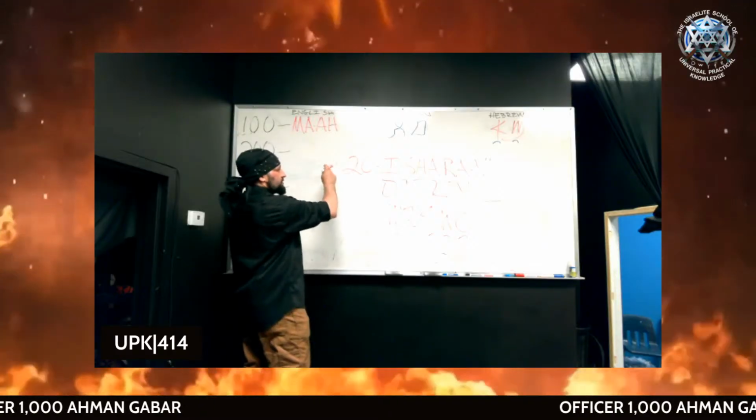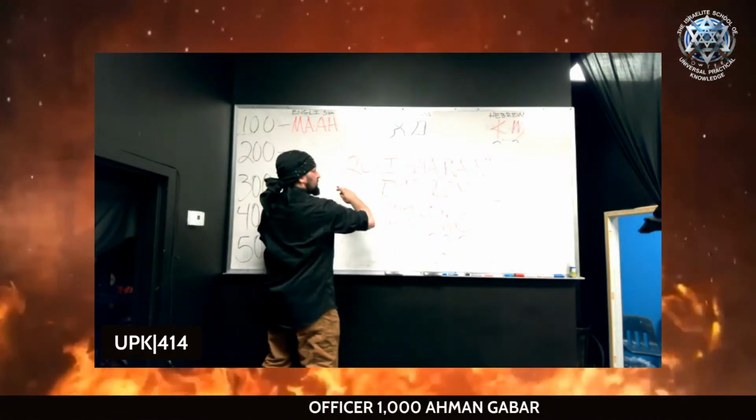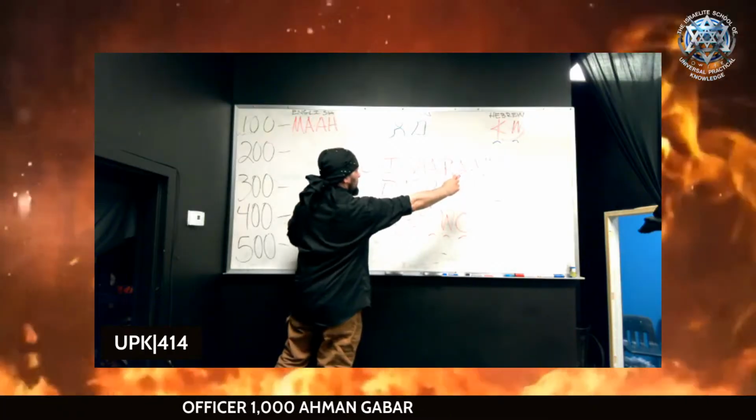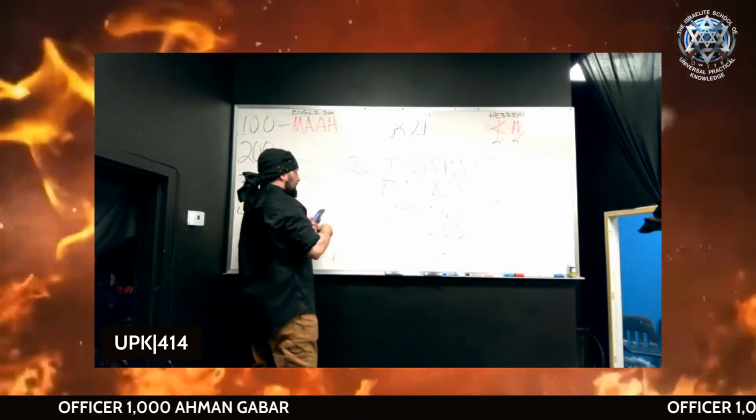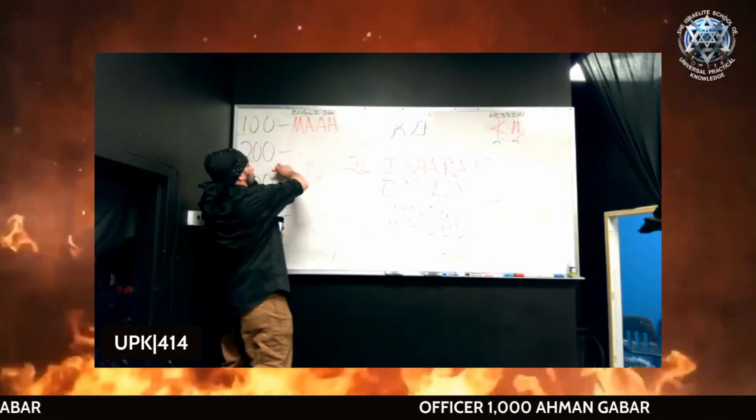Now we saw what 10 was, just Aishara. Now 20 was Aishariyan. It's going to have a similar effect with 100 and 200.